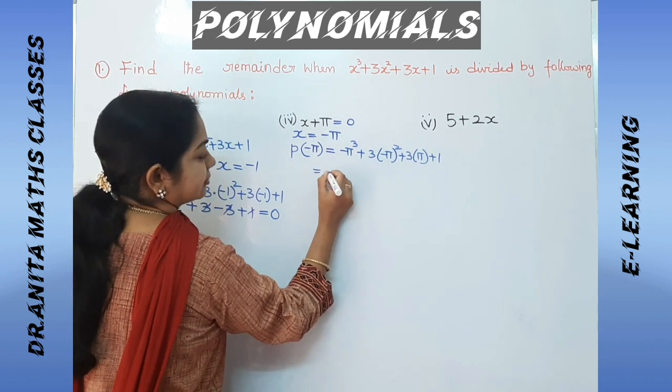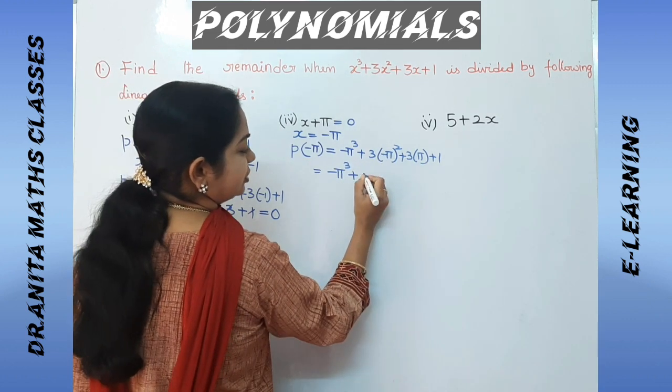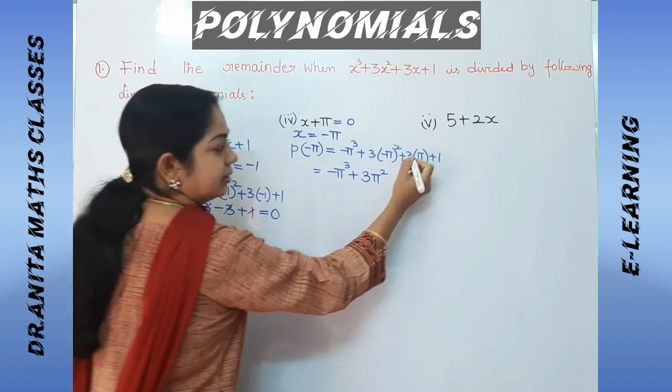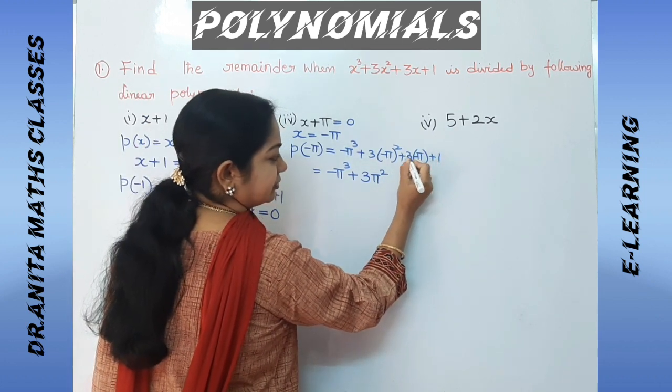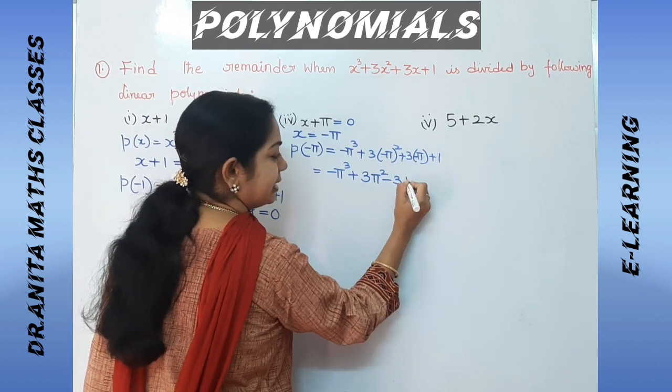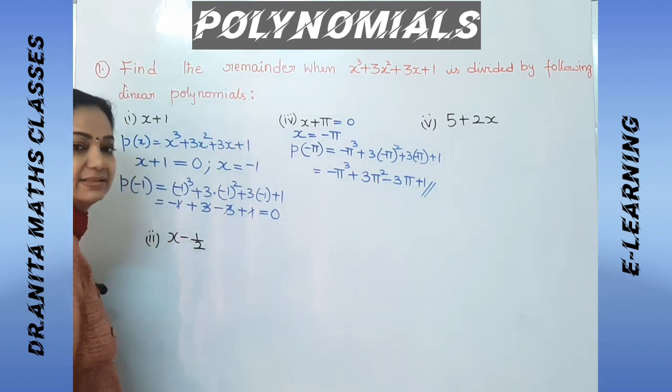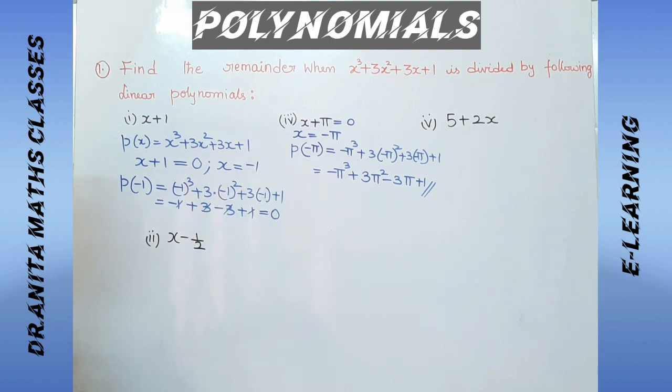So this comes to minus pi cube plus 3 pi square, because the minus goes off here. Sorry, I did not keep minus here: 3 into minus pi is minus 3 pi, plus 1. There is no need of solving this further. Keep it as it is. This is the remainder.